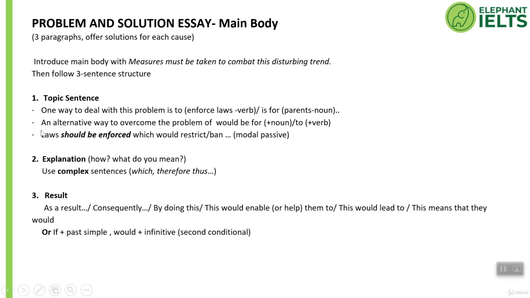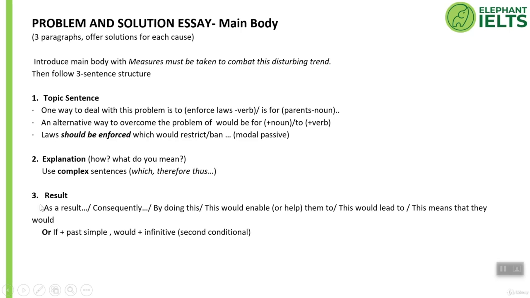For the second sentence, we explain the topic sentence. You could ask yourself, how is this going to happen? Or what do you mean by this? This will help you to think of what to say for the explanation. Once again, try and make the second sentence a complex sentence using one of these, which, therefore, thus, which you will find in a longer list in the ebook.